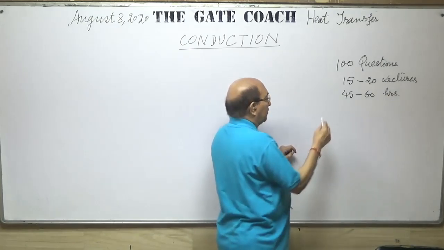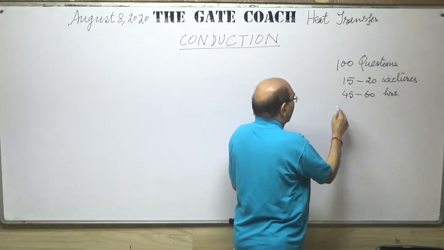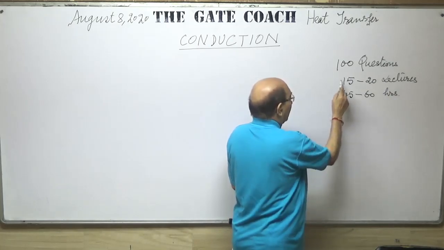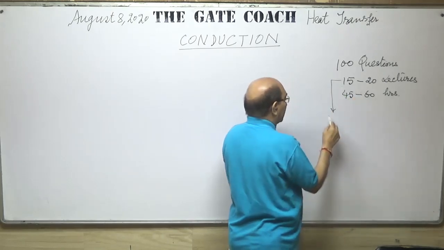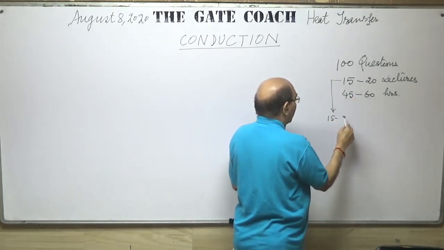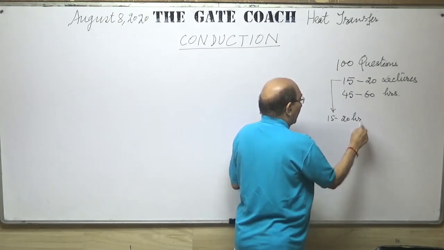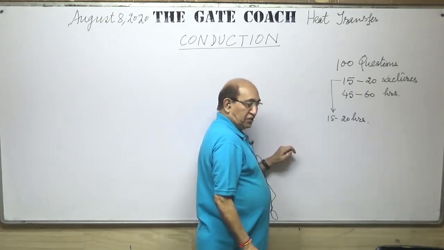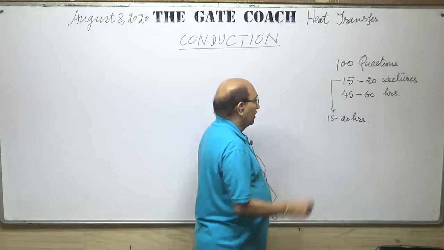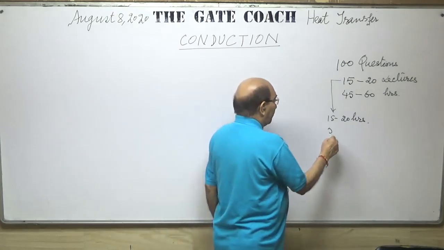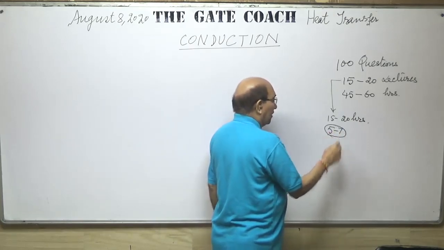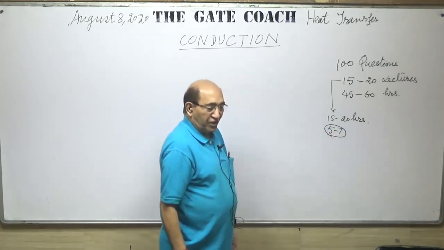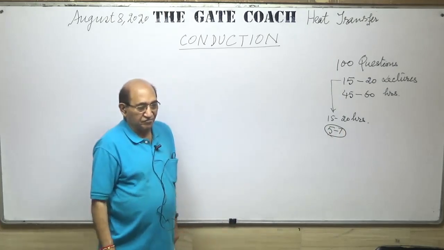Every class will devote at least 1 hour, that means if 15 to 20 lectures, 15 to 20 hours for solving the numericals. That means 5 to 7 numericals every day whenever we are having a class.